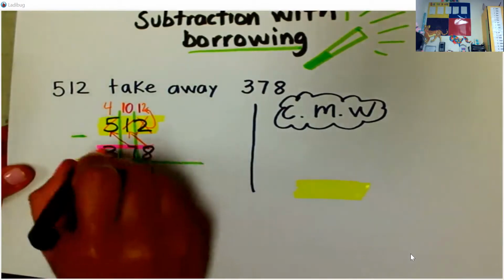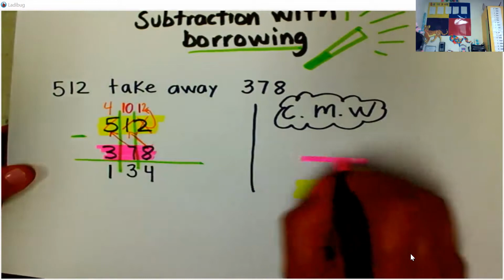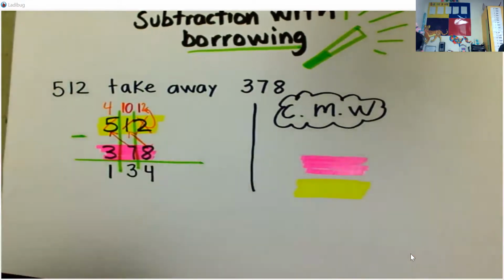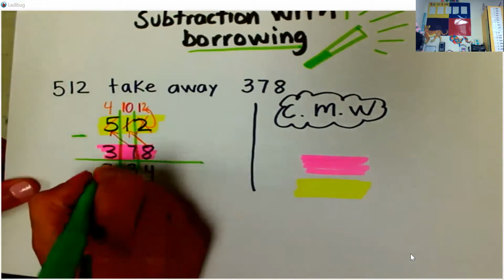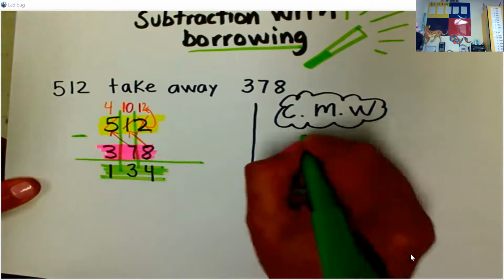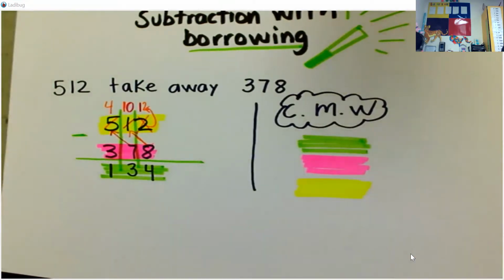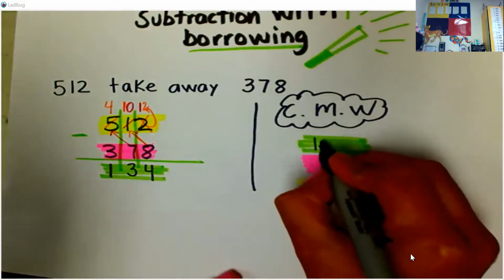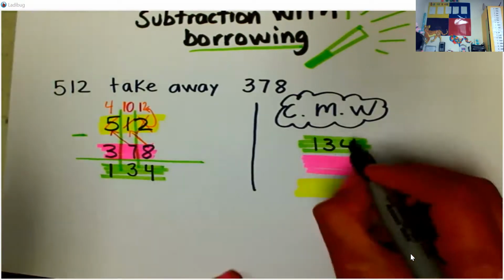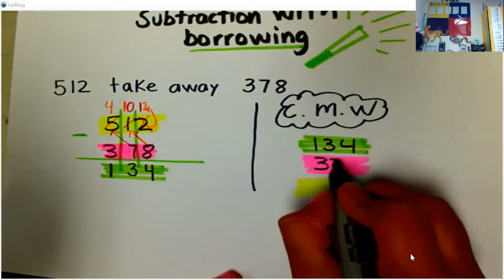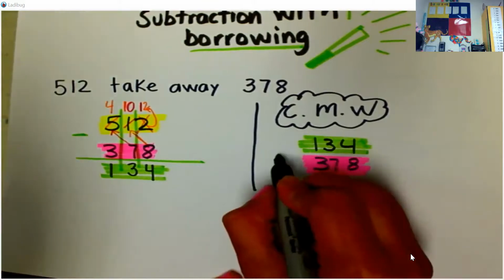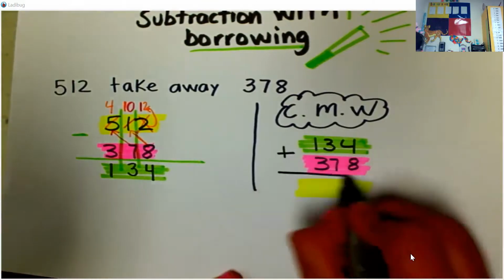This number remains in the same place, and my result goes on top. Okay, so what I'm going to do is copy the same numbers. Green, green, pink, pink, and I will add.